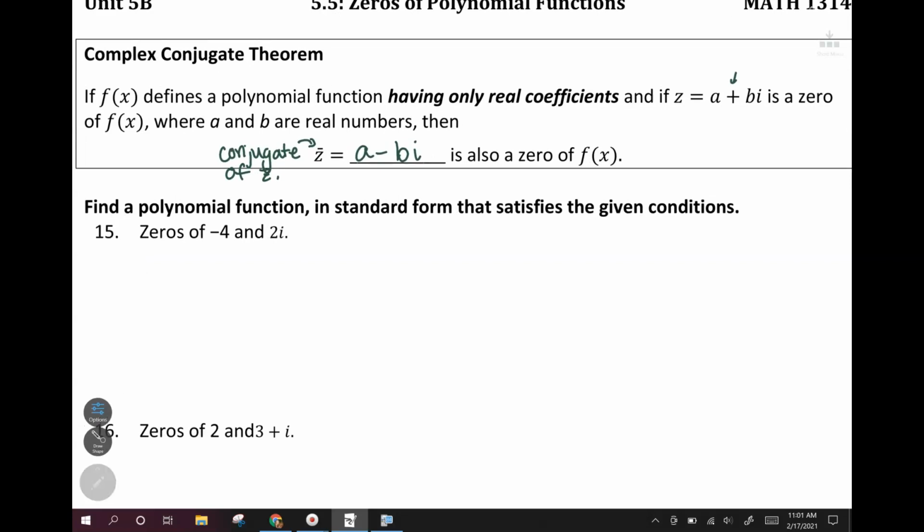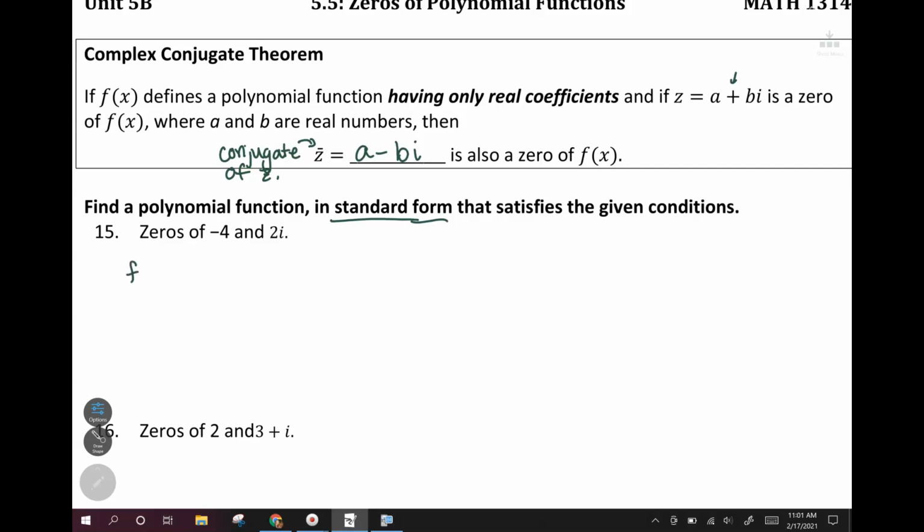All right. So same thing that we did on the last page, but this time we've got complex or imaginary numbers as zeros. So to find the polynomial that satisfies the given conditions, this time it needs to be in standard form, and you'll see why. So zeros of -4 and 2i.